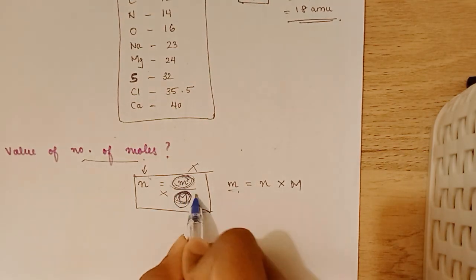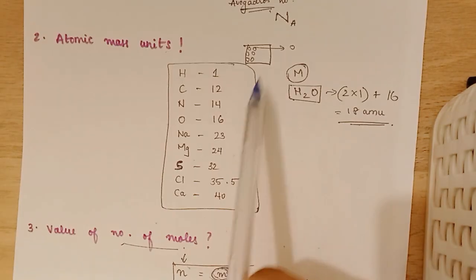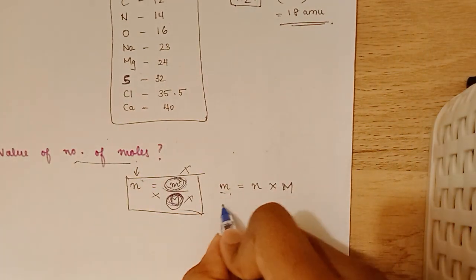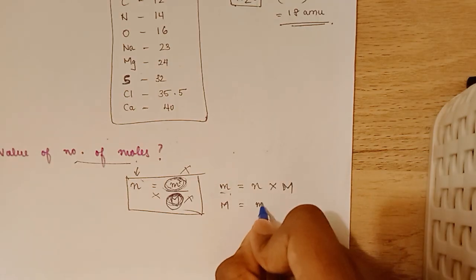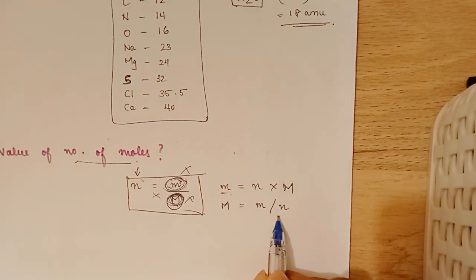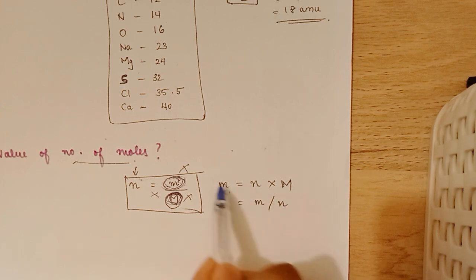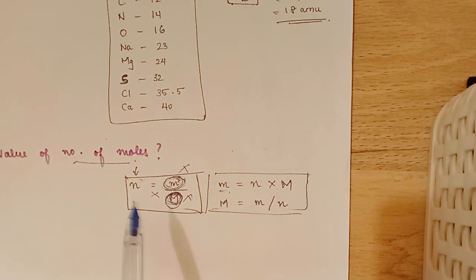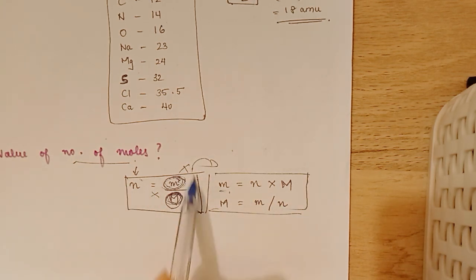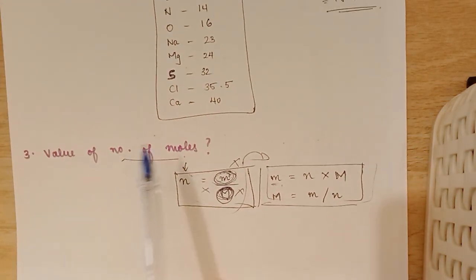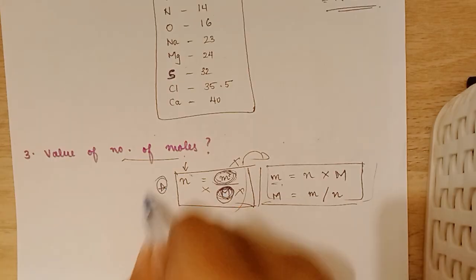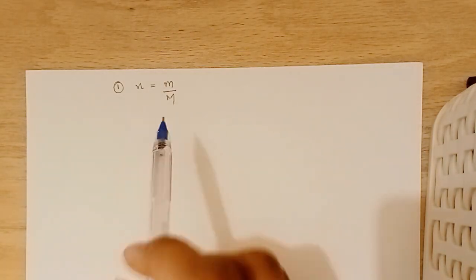Now if the molar mass is not given and you're too lazy to do all of this, then you can do molar mass is equal to mass divided by n, where n is the number of moles. These are the side equations that you need to remember. If you know this, this will automatically come to your mind. So this is the first formula for the value of number of moles.